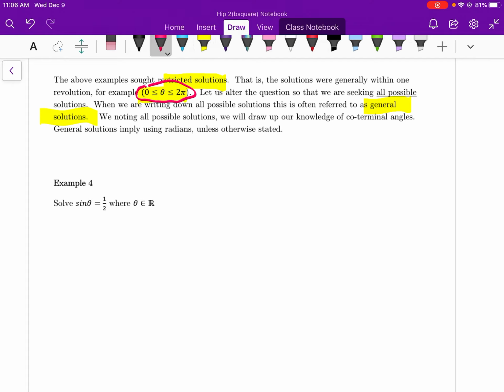So when noting all possible solutions, we have to draw upon our knowledge of coterminal angles. General solutions will imply radians unless otherwise stated.